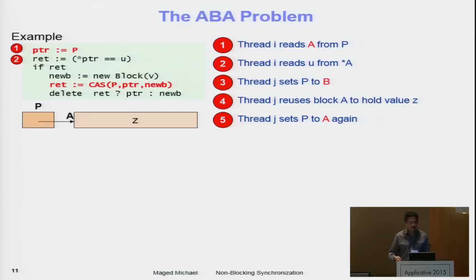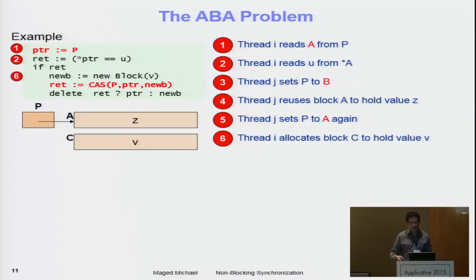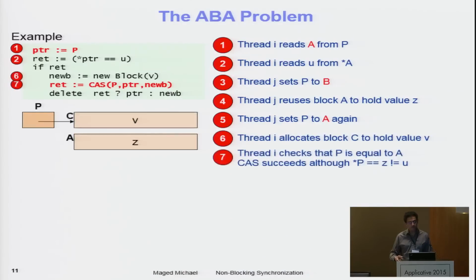And now thread I wakes up, and it allocates block C. That's fine. And next step, it will want to do the compare and swap on the pointer P. And all it sees is that P was pointing to A, and the compare and swap succeeds.